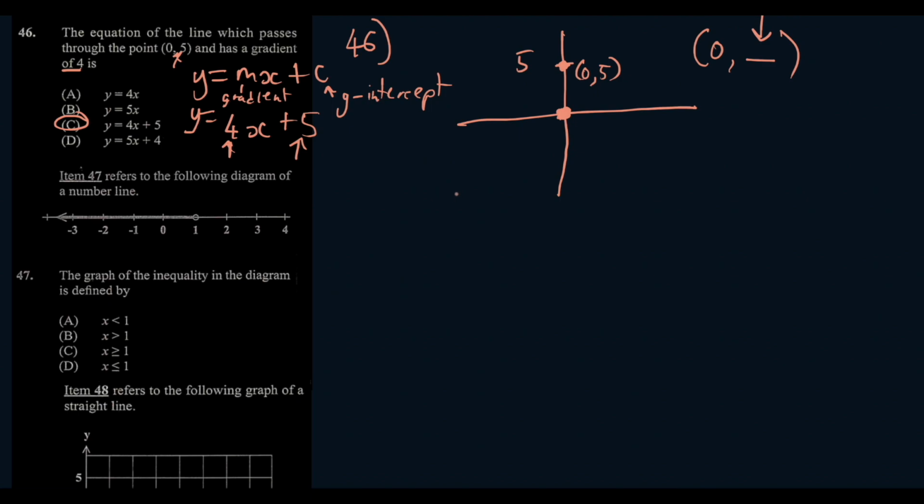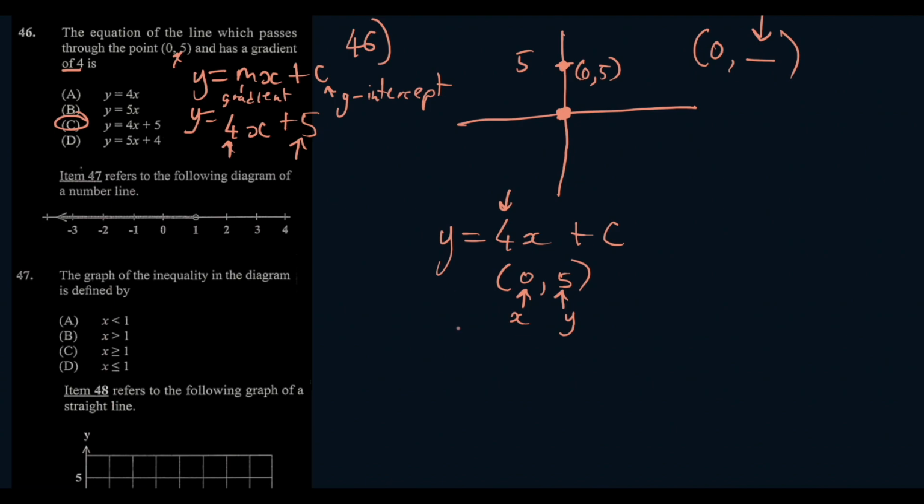So the answer would be y is equal to 4x for the gradient, this for the y-intercept. Now if you wanted to calculate that using mathematics, you could have said that y is equal to 4x plus c. We know it's 4 because it's stated that the gradient is 4. Now we need to see what the y-intercept is. So we have a coordinate 0, 5. So the 0 can represent x, the 5 can represent y.